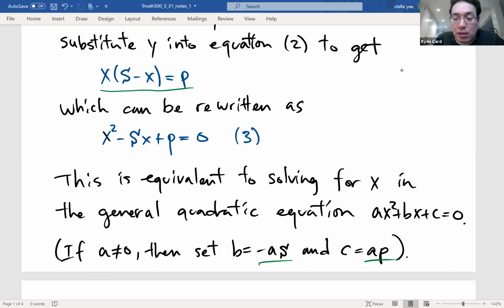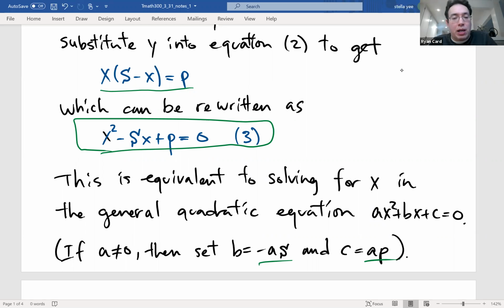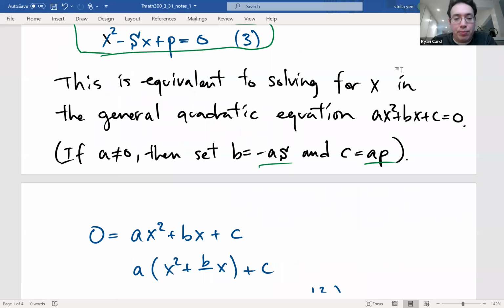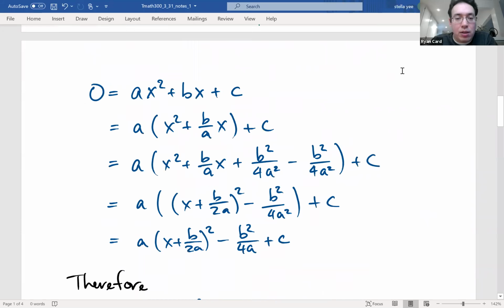Then the equation becomes equivalent to the equation over here. You just have to divide both sides of the equation by a. So being able to solve this geometry rectangular field problem is really the same as being able to solve quadratic equations in general. Okay, so let's solve it.